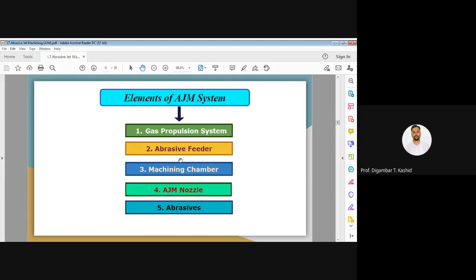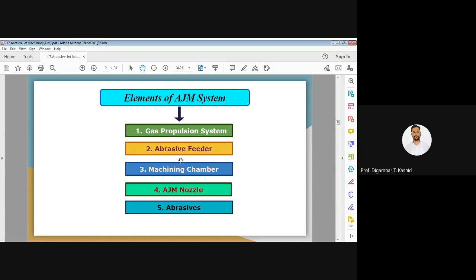The nozzle pressure normally ranges between 2 kg per square centimeter and 8.5 kg per square centimeter, but the actual value to be used depends upon the workpiece metal that you are machining as well as the required metal removal.